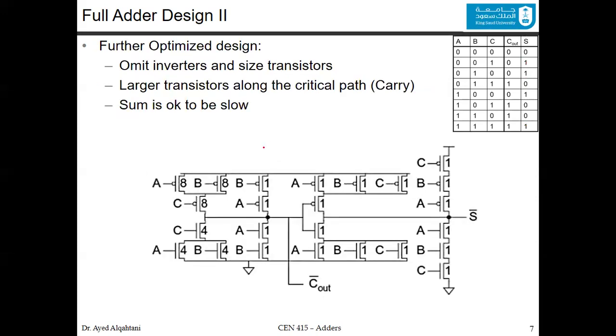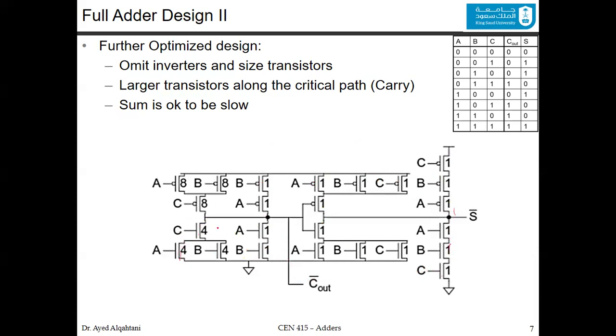And to do this design, actually, we did the sizing where we never cared about the sum circuit at all, because we know that from having the input of the carry in until you get the carry out is actually the bottleneck. This is why we care about this path here that has the carry in up to the carry out. And the rest we make the sizing one, all of them.